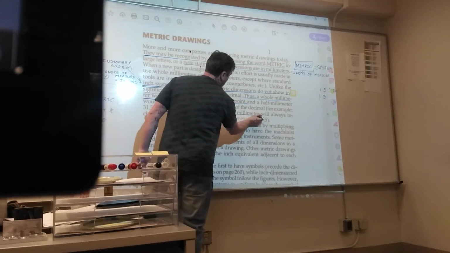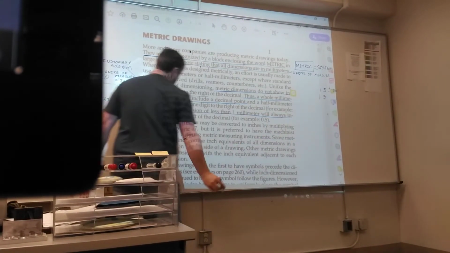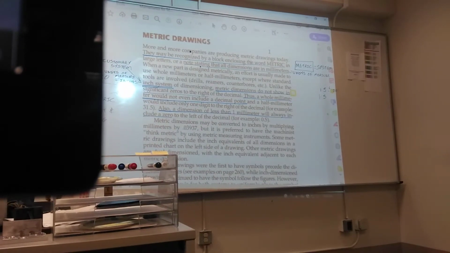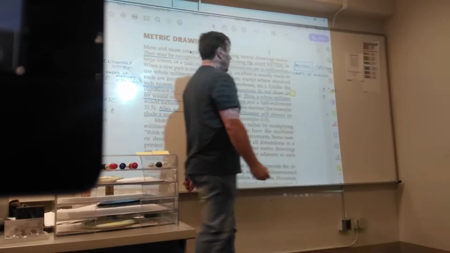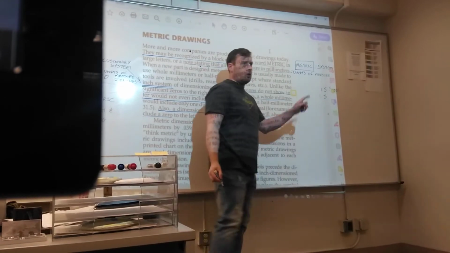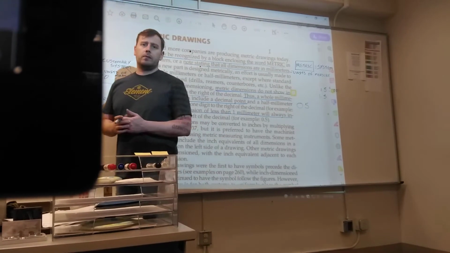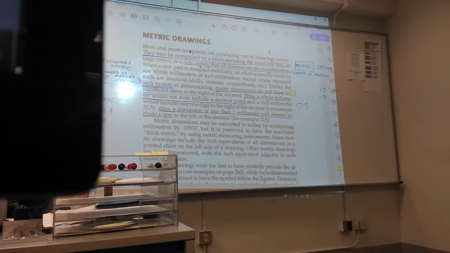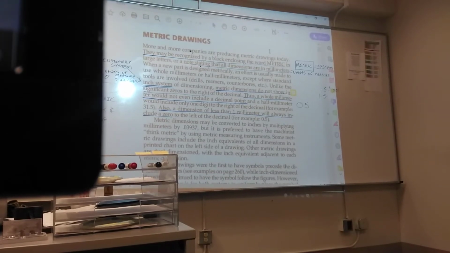A dimension of less than 1 millimeter will always include the zero. So if the dimension is 0.5 millimeter, you're always going to see the zero in front of the decimal point. In the inch system, we'll just put point and then 5. The metric system will always put that zero.